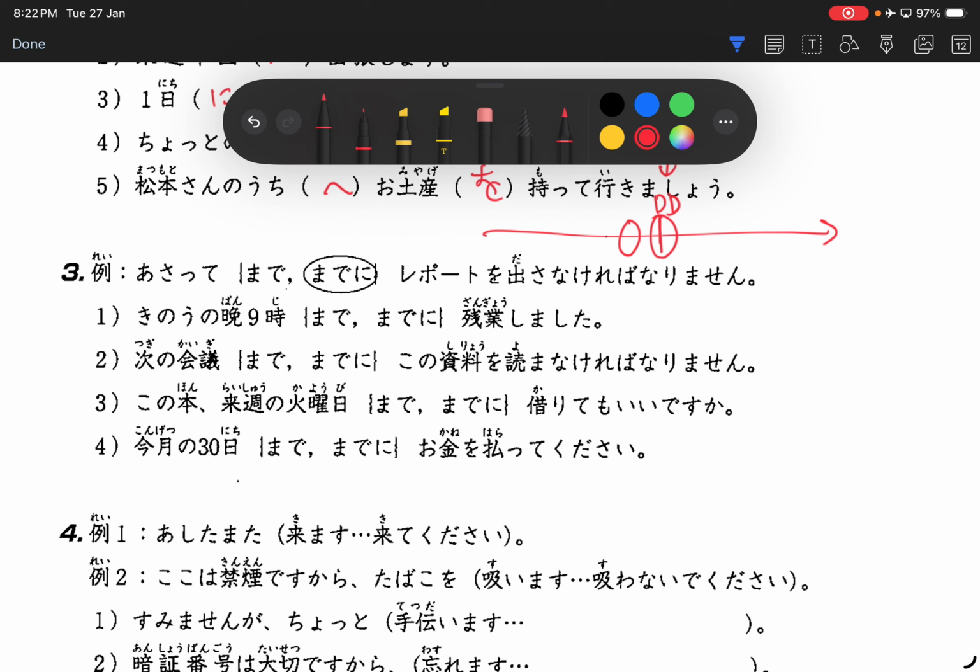So we use までに. Number 3, この本、来週の火曜日までに借りてもいいですか？Think of it in English. Since までに is by, so by next week Tuesday can I borrow. Does it sound weird to you?